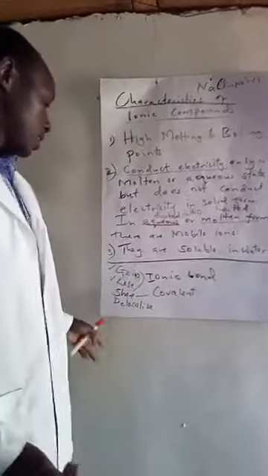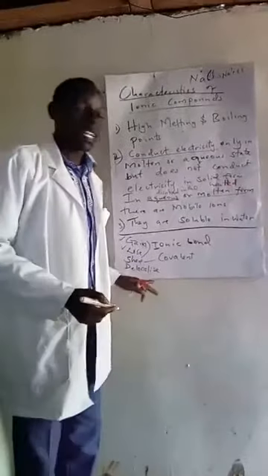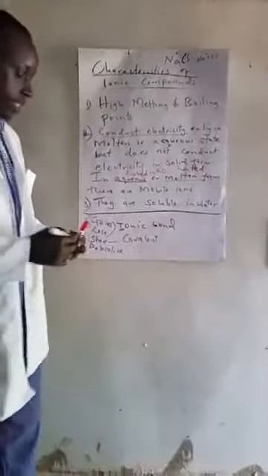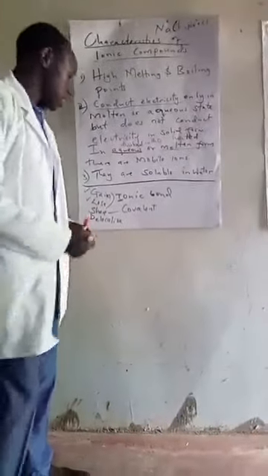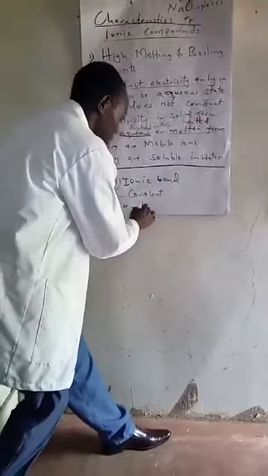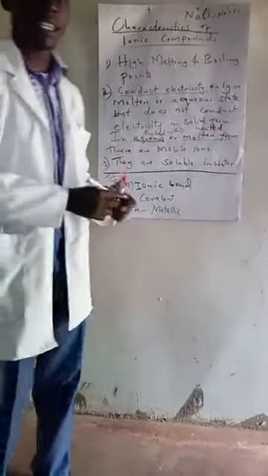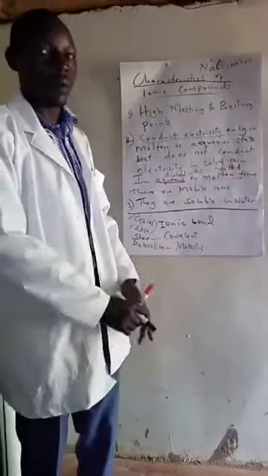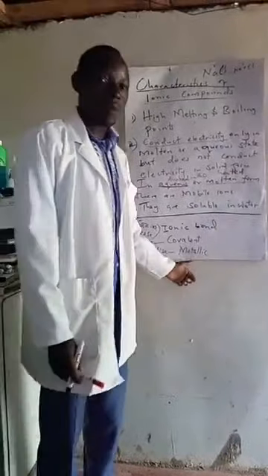We shall look at it. We call it covalent bond. When atoms delocalize their electrons, instead of losing, gaining or sharing, they delocalize. We shall also look at it. This one forms metallic bond. So you realize these are the three types of bonds that we have: ionic bond, covalent bond, and metallic bond.